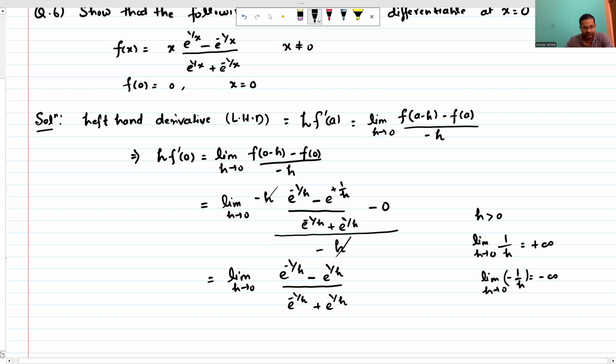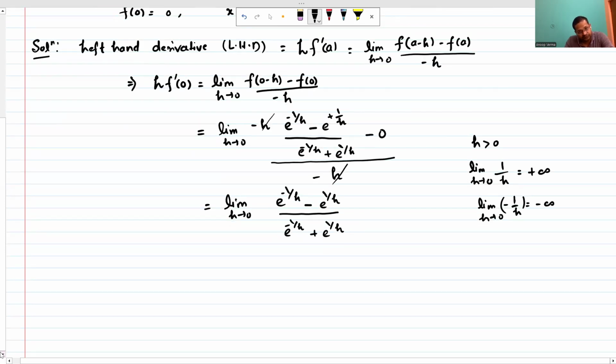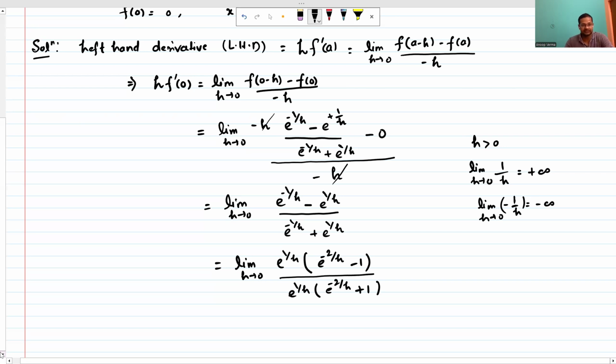ओके, सो here कुछ ऐसे ही लिमिट है यहाँ पर। तो हम कुछ करेंगे क्या, let us see what we can do. तो हमने क्या करा, this is limit h tending to zero, और हमने यहाँ पर कॉमन ले लिया, I am just taking common e to power 1 by h. तो what is remaining here, e to power minus 2 upon h, okay, and minus of 1 is divided by e to power 1 upon h, and this is of e to power minus 2 upon h plus of 1, okay, this we have.